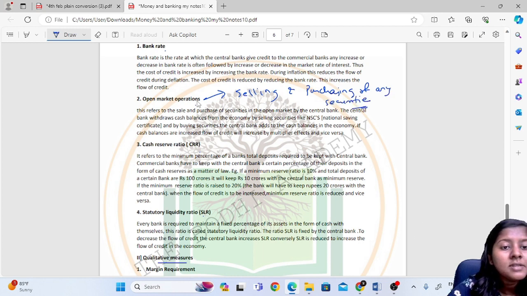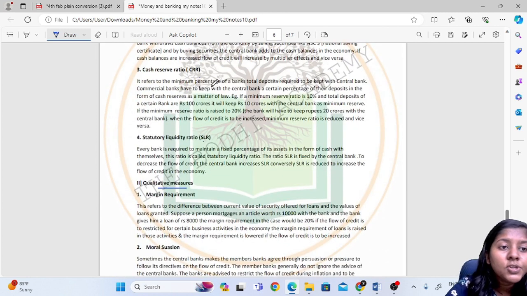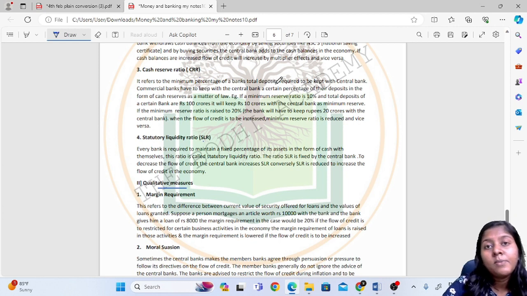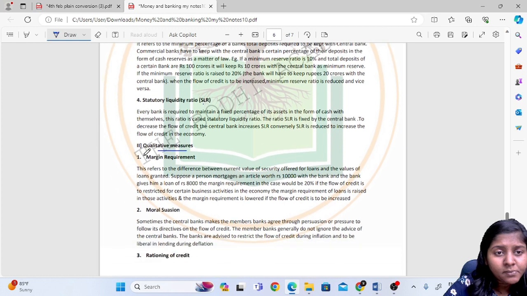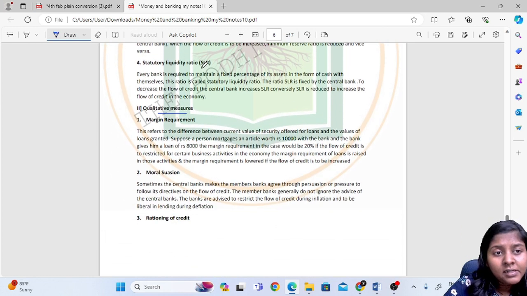Then CRR is the cash reserve ratio, in which a certain percentage of amount has to be maintained by the commercial bank with the central bank. So a commercial bank keeps certain deposits with the central bank. Then SLR is the statutory liquidity ratio. Every bank is required to maintain a certain fixed percentage of its assets in the form of cash with themselves.